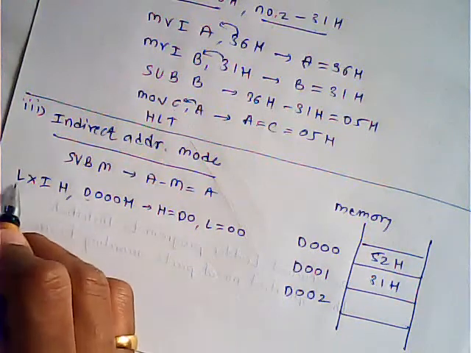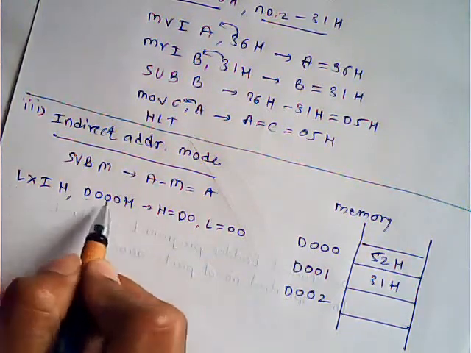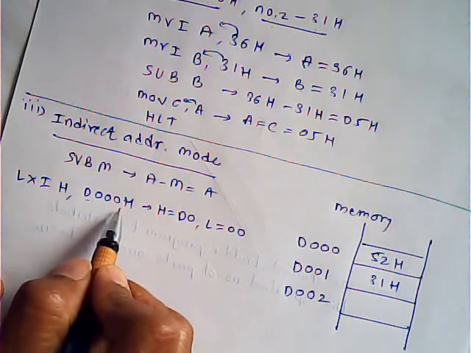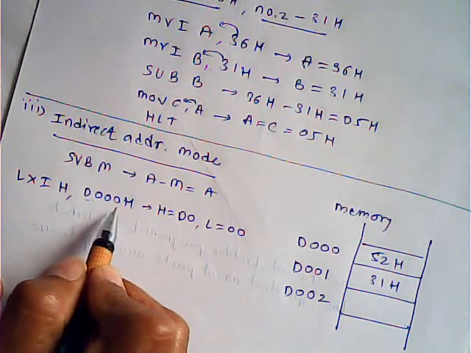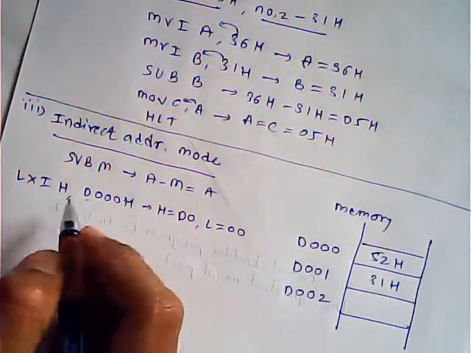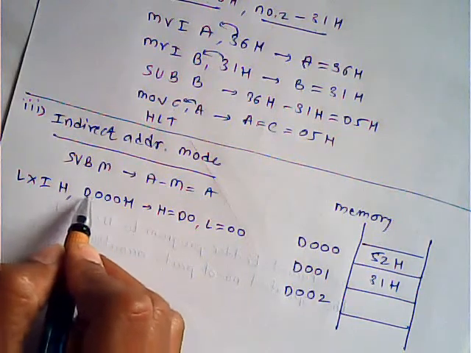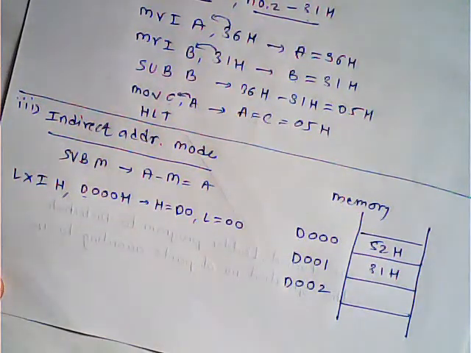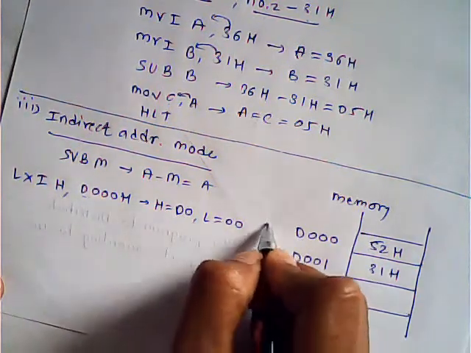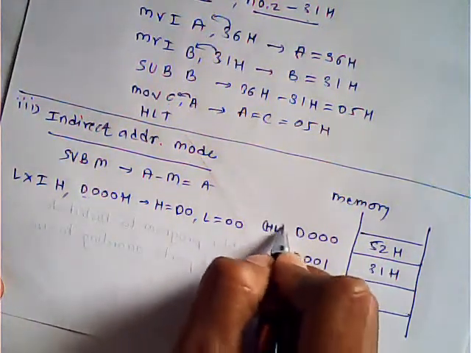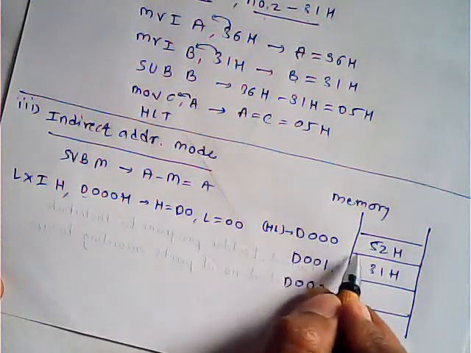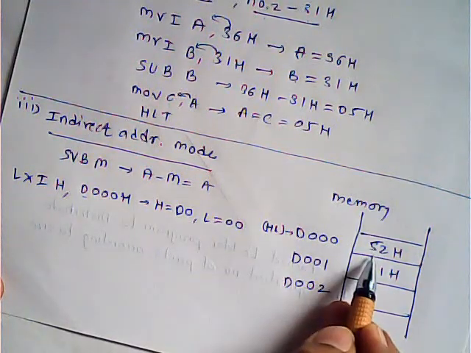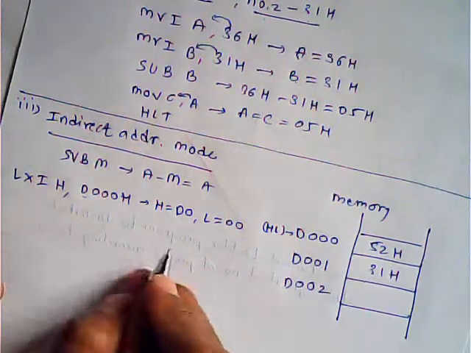As far as this LXI instruction is concerned, D000x is the 16-bit immediate data, not an address. But the contents available in HL will work as a memory pointer. So HL with D000 means the memory pointer gets created where the first number is available.